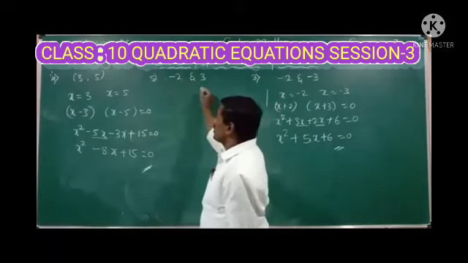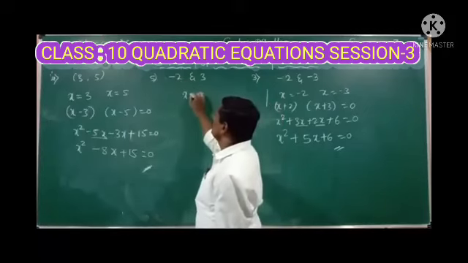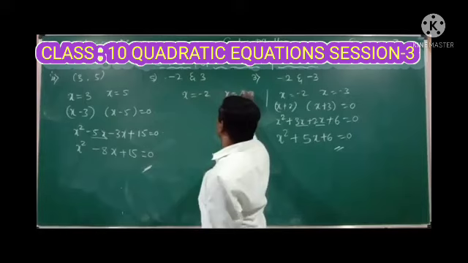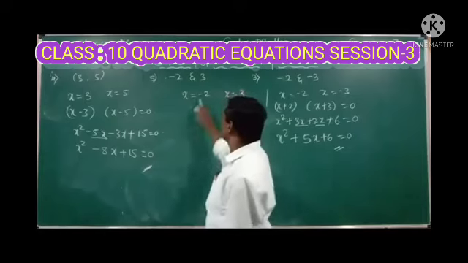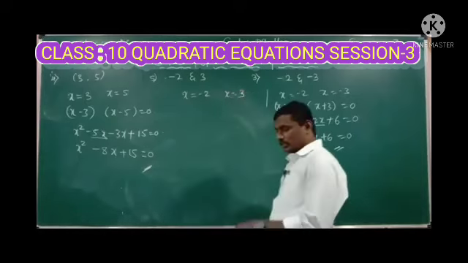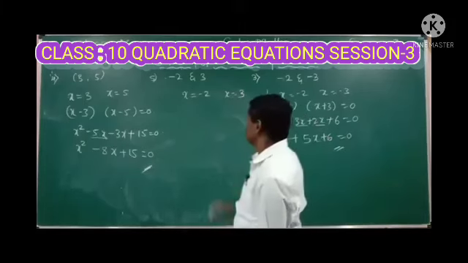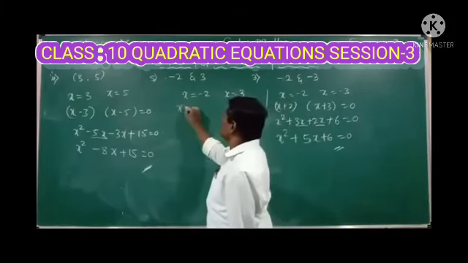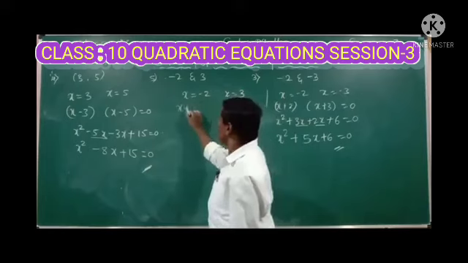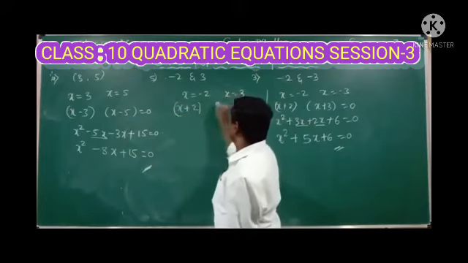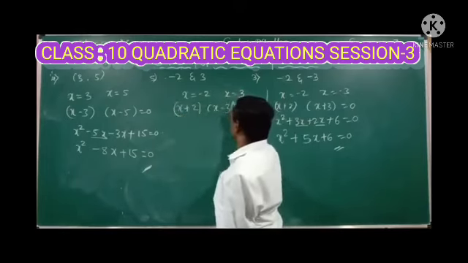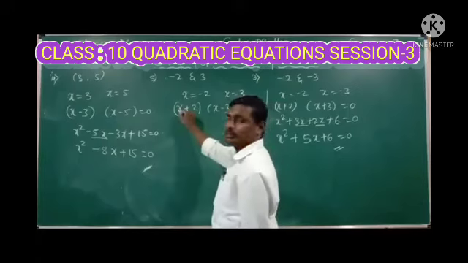Solve the last question. x is equal to minus 2 and x is equal to 3. So x is equal to 2 and x is equal to 3. Now x minus 2 becomes x plus 2, and here x minus 3 is equal to 0.